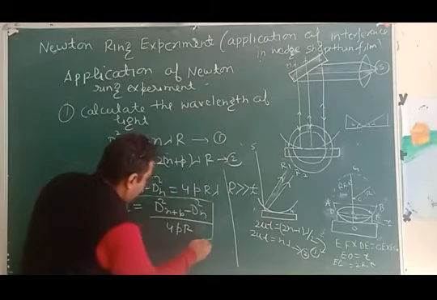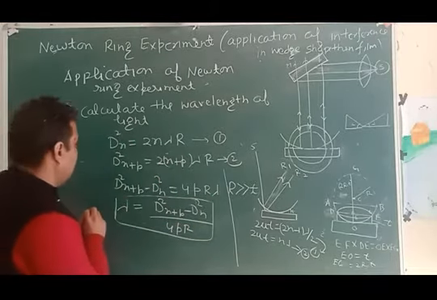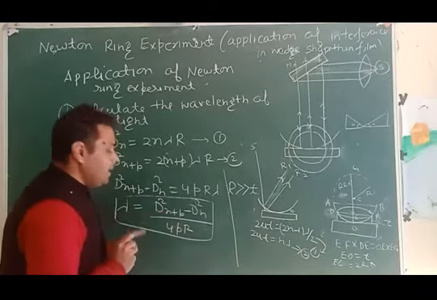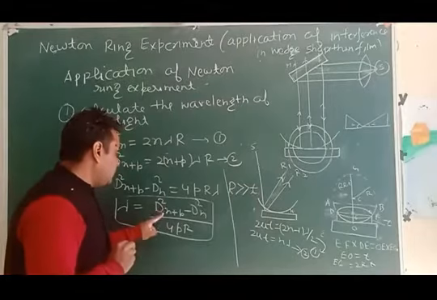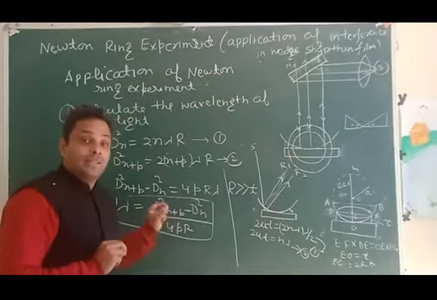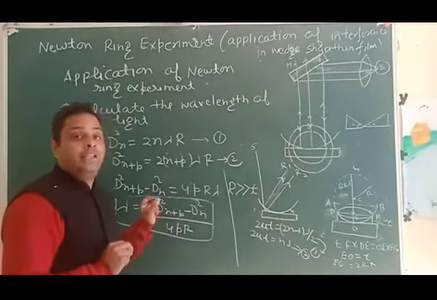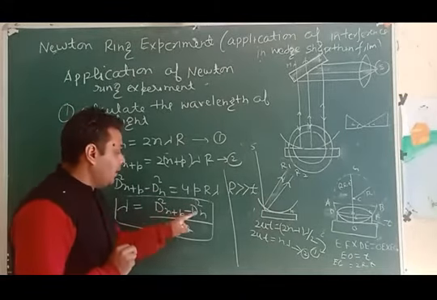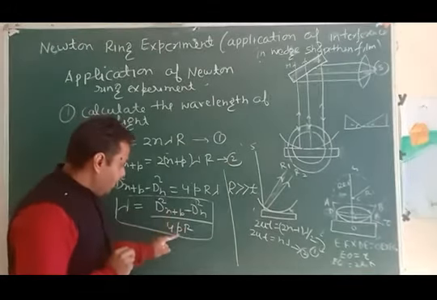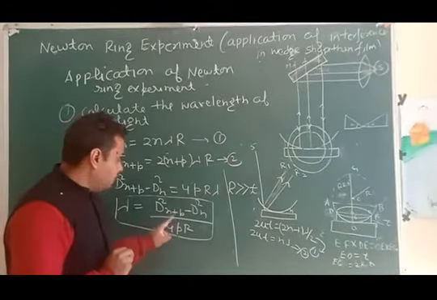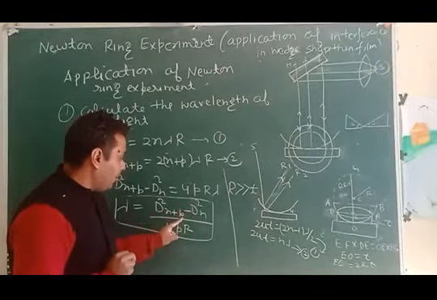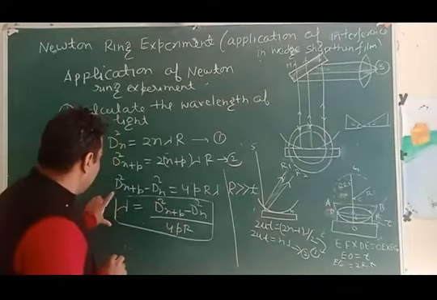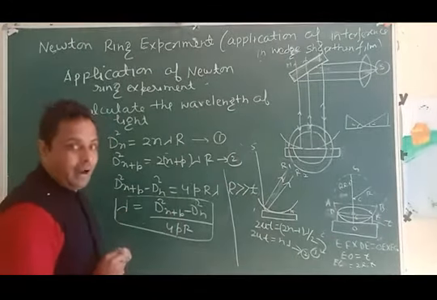So this is the formula for calculating the wavelength of the light. We calculate the diameter from the scale. By using the main scale and the vernier scale, we can calculate the diameter of the ring, and p is the difference between consecutive rings, here 2, and R is the radius of curvature of the lens. Understand?